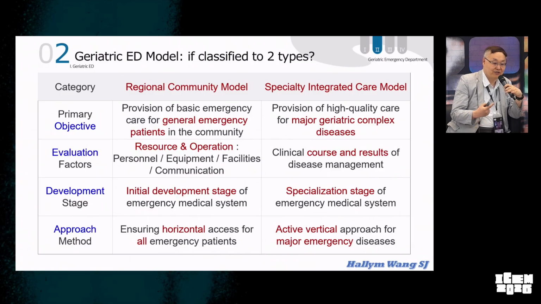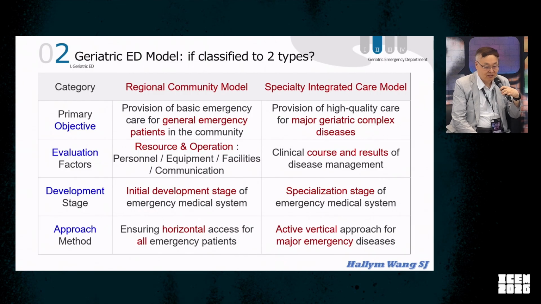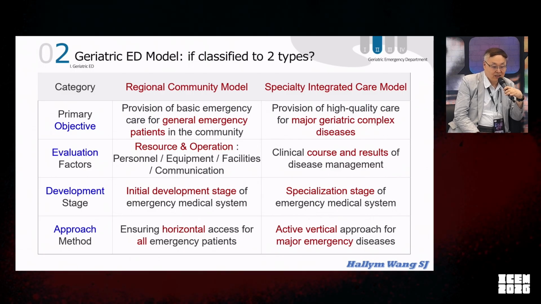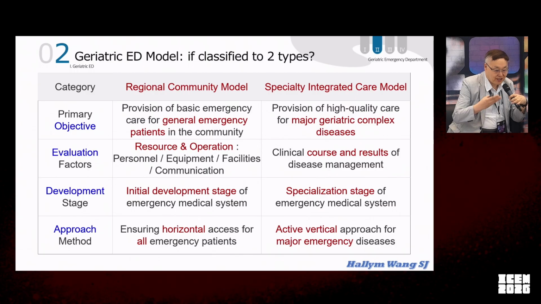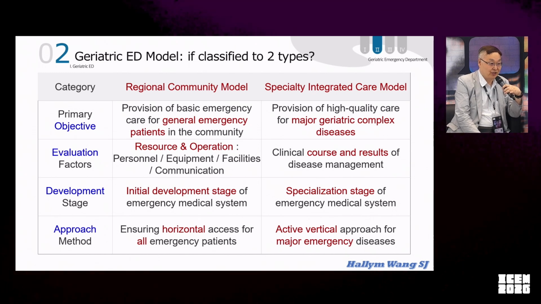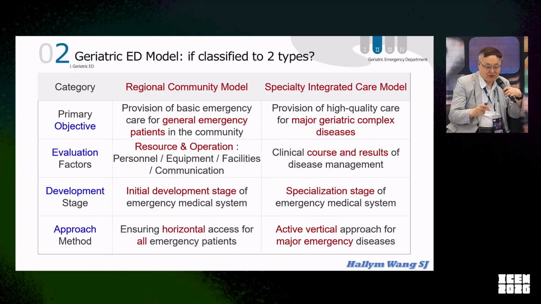So, how about the geriatric emergency department model? There's a method classified into 2 types and 4 types. The simple 2 types are the regional community model and the specialty integrated care model. The regional community model is a general emergency center plus geriatric emergency care. But the specialty integrated care model targets major geriatric complex diseases, so it is focused on the course and result.